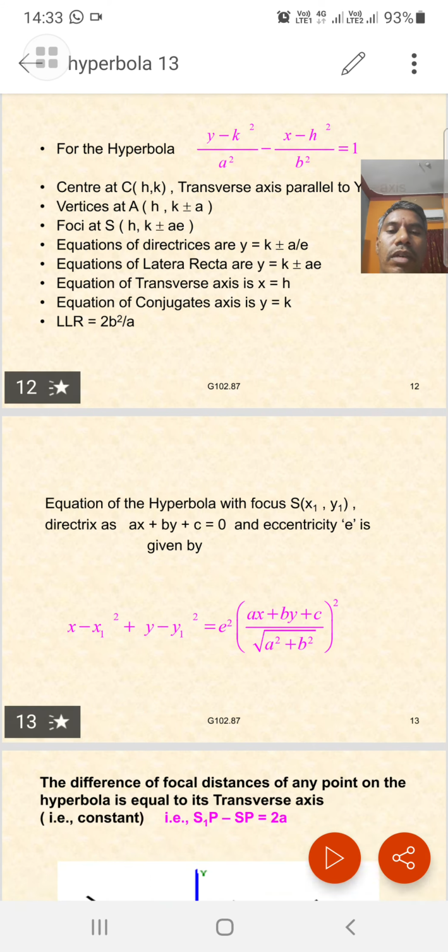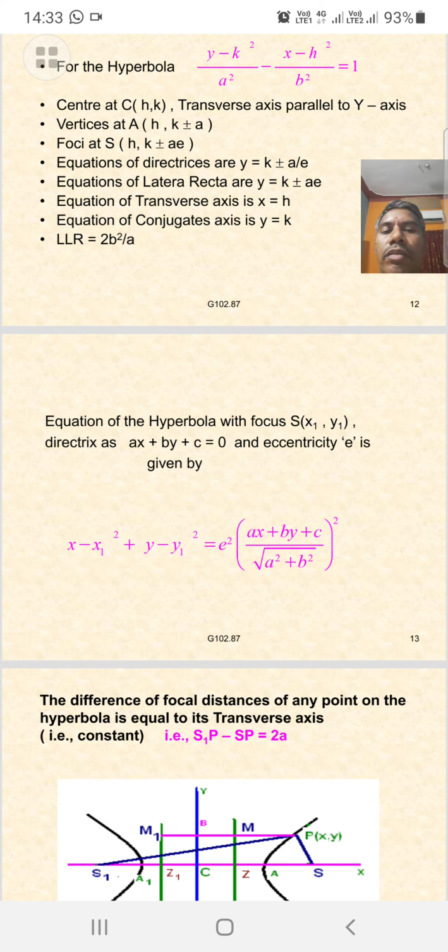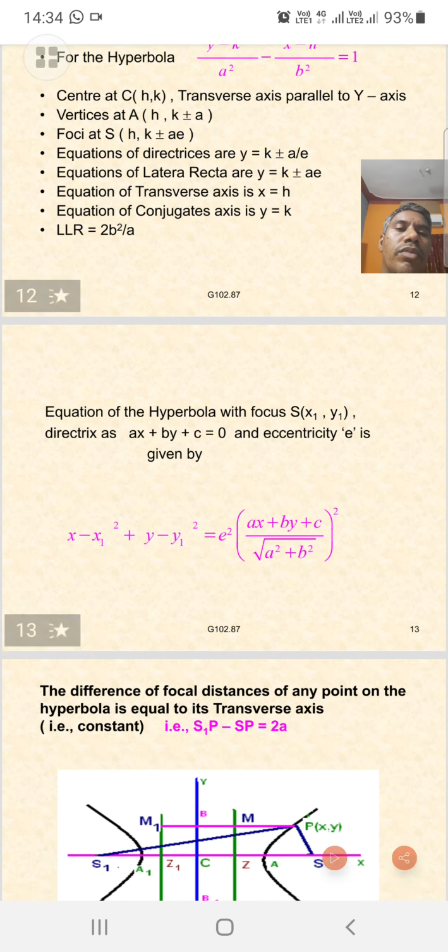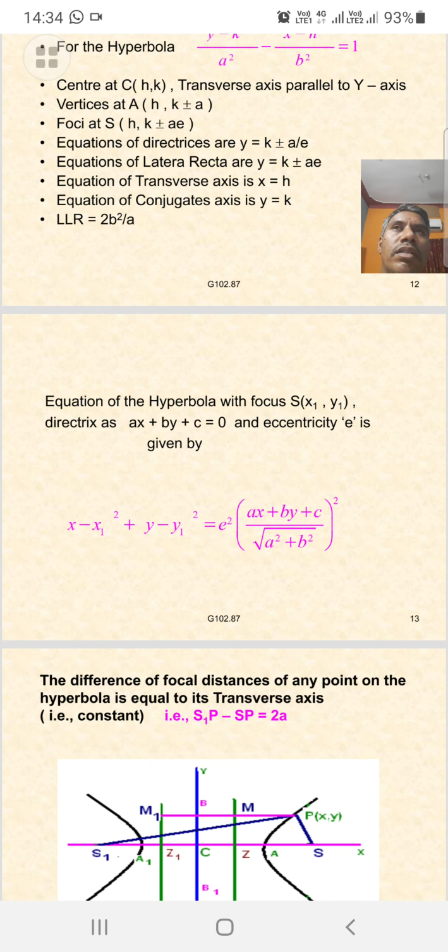For a parabola, eccentricity is 1, so sometimes we need not write e and its value. Whereas for ellipse and hyperbola we have to mention it, because less than 1 is ellipse. That means it may be 0.2 or 0.3 or 0.5, whatever, it is all less than 1. So there are so many numbers.